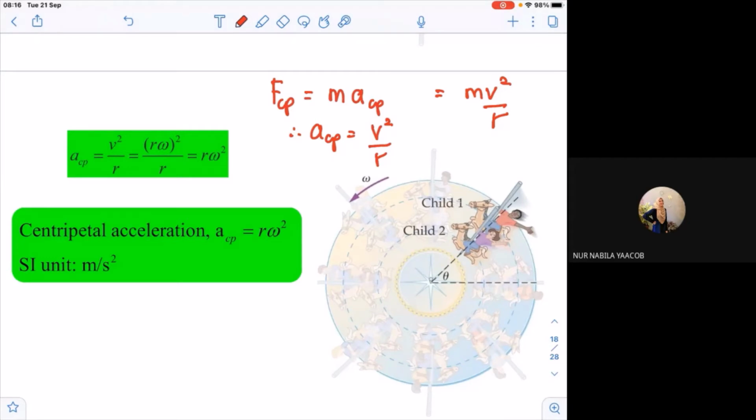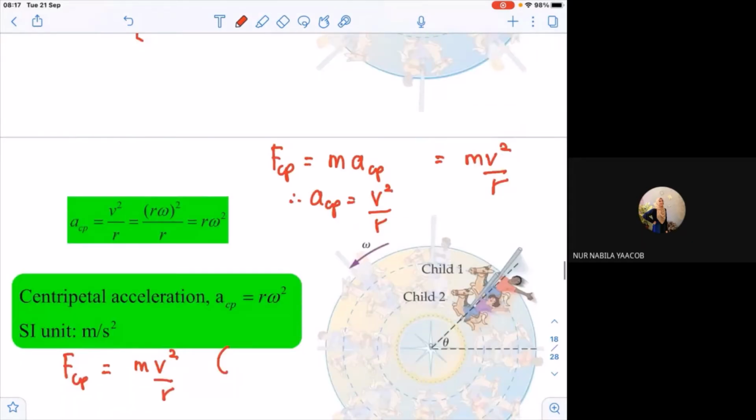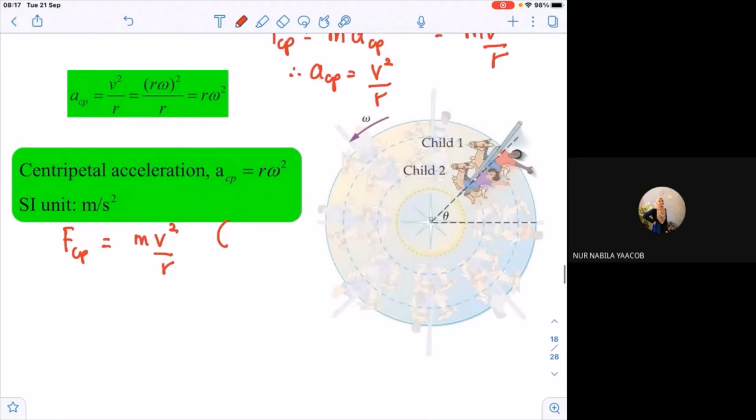But this is in terms of velocity. If you want to make it in terms of angular speed, what happens to the centripetal force? Let's say you have FCP equal to m v squared over r, and note here that v is equivalent to r omega. What happens if you replace v with r omega?